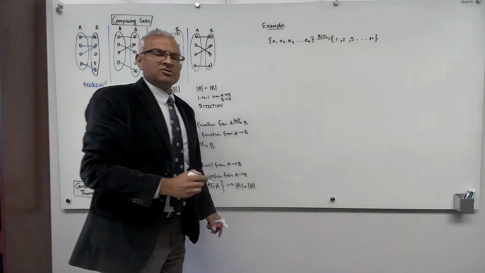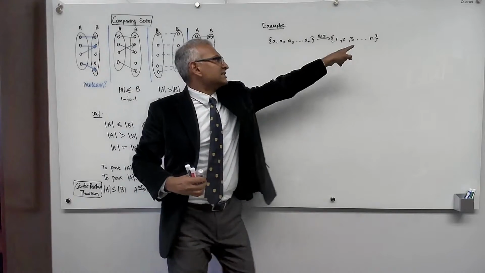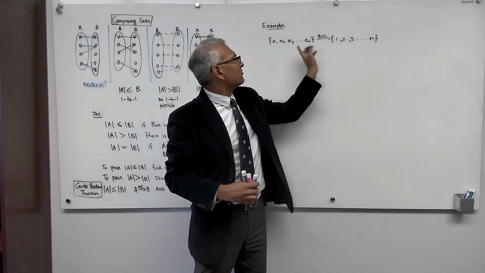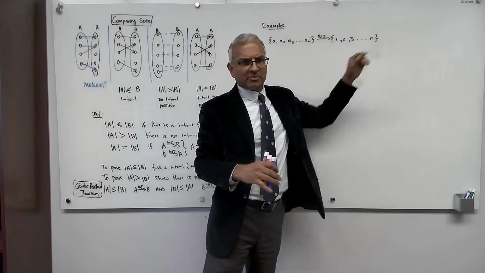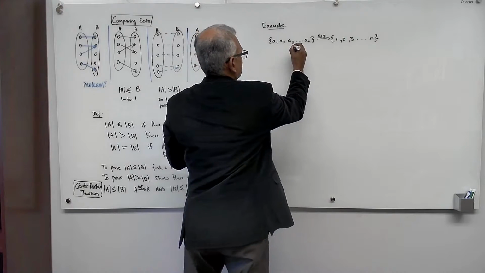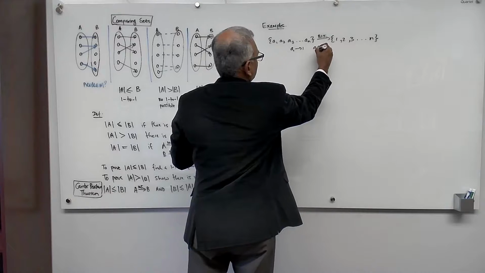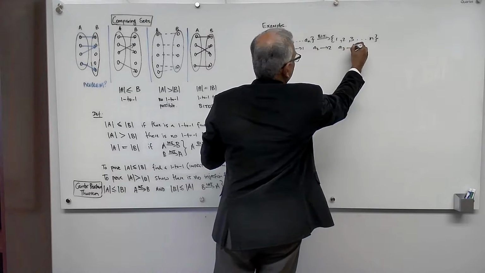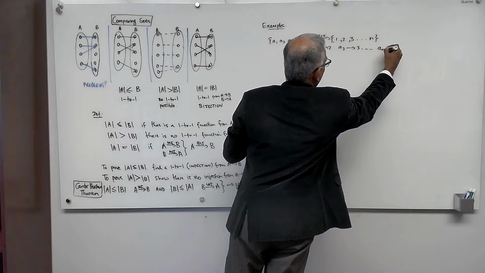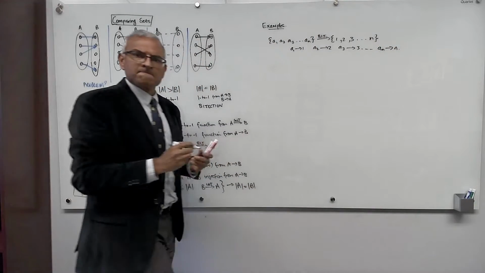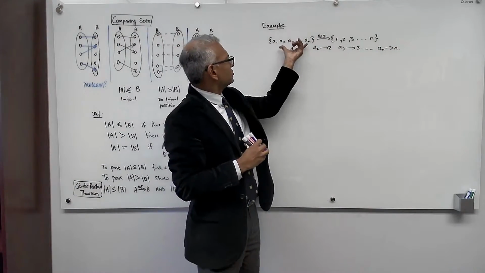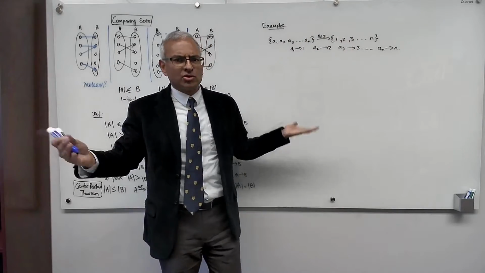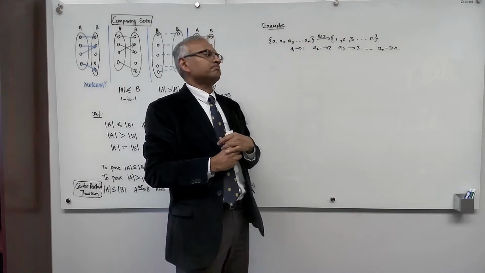In fact, that's what it means for a set to have size n, if there's a bijection from the set to this finite set 1 to n. And what's the bijection? Let me show you the bijection. It's just A1 maps to 1, A2 maps to 2, A3 maps to 3, and so on. AN maps to n. So that's an example of a bijection. That means that these two sets are the same. Well, it's kind of obvious, but I'm just showing you in terms of a bijection.